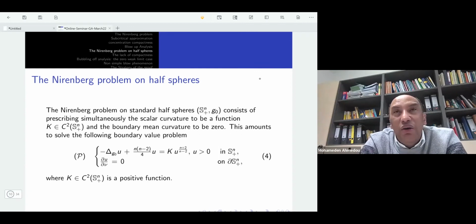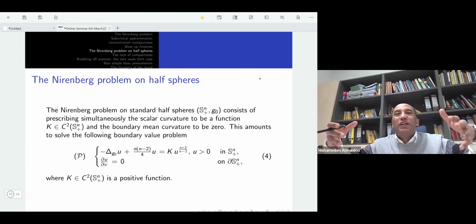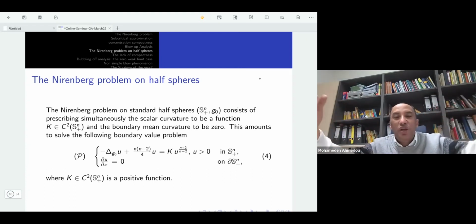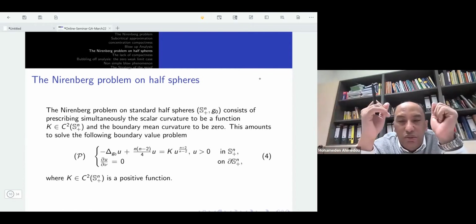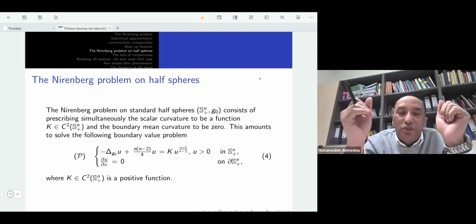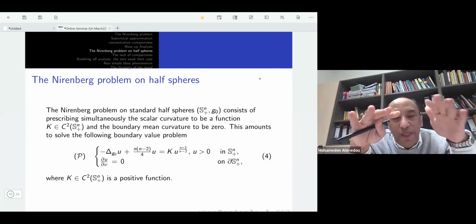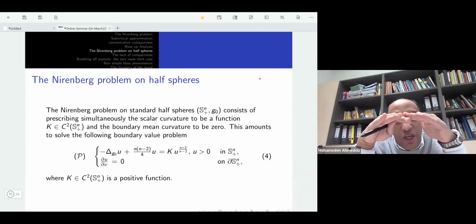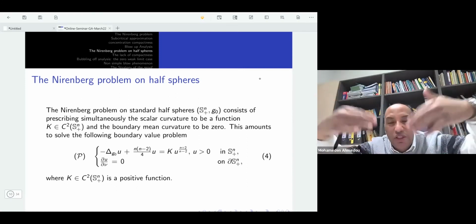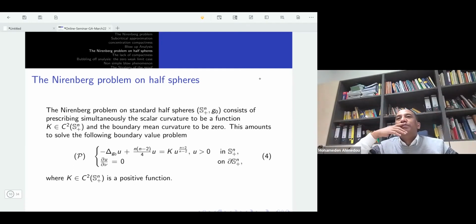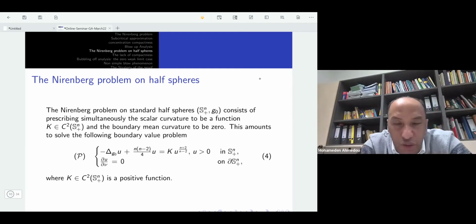If you are on a manifold with boundary, then you have the scalar curvature, but you also have the mean curvature, and you have to prescribe them simultaneously. One way to reformulate this problem is to prescribe the scalar curvature to be a function, and assume that the mean curvature is equal to 0. This is prescribing the scalar curvature under a minimal boundary condition.